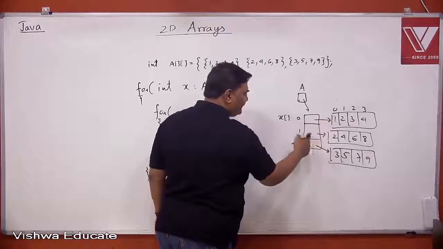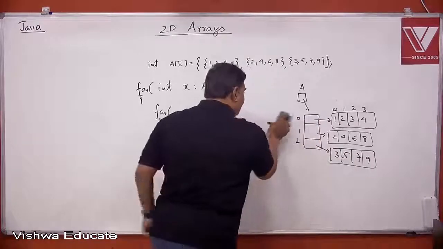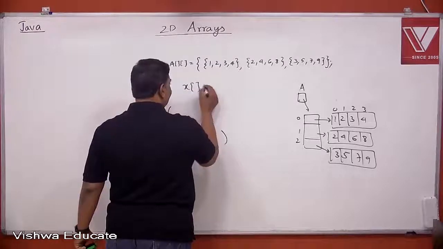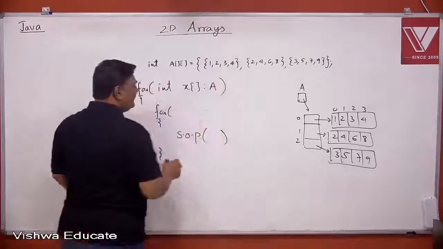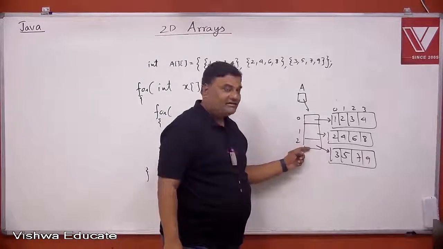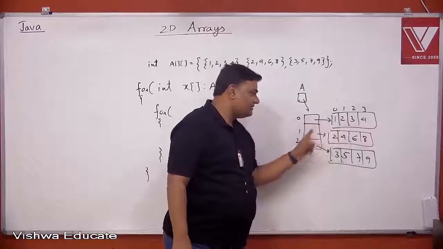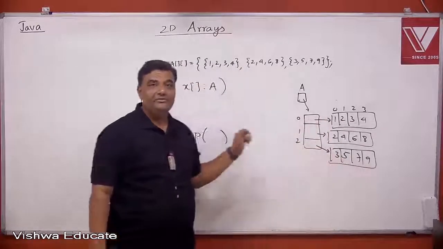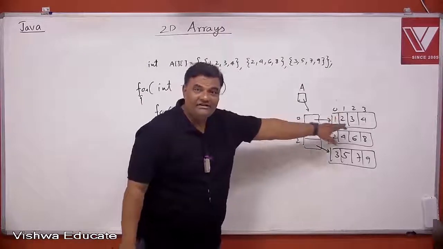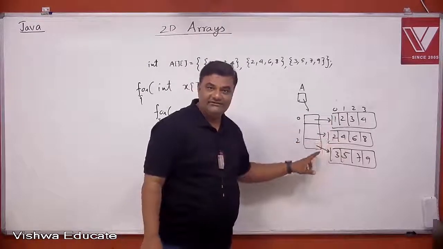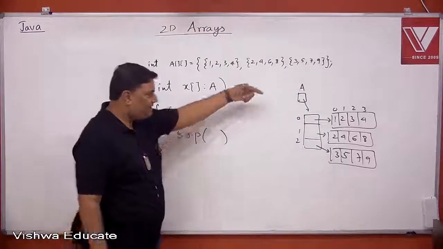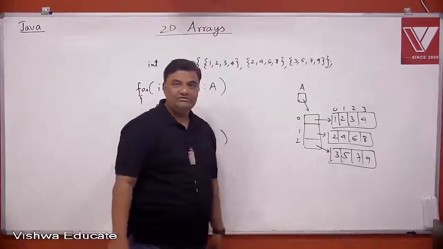I should not say int x here, I should take a single dimension array. So yes, a is a collection of single dimension arrays, and each is a reference to a single dimension array. That's how it becomes a two-dimensional array. From a, I'll get all these references of 1D arrays.